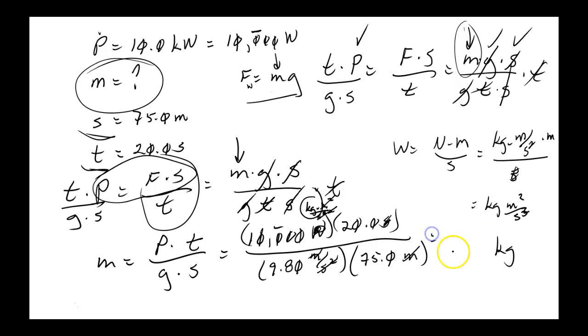Now what number do we get? 10,000 times 20 would be 200,000. Divide first by 9.8 and then divide that answer by 75 and see what you get.